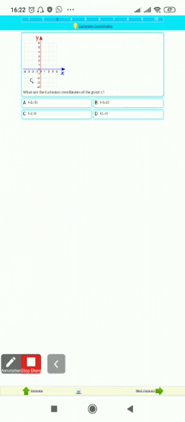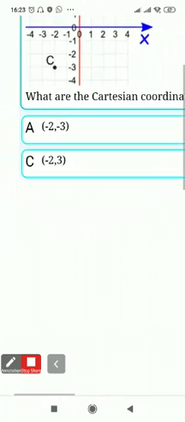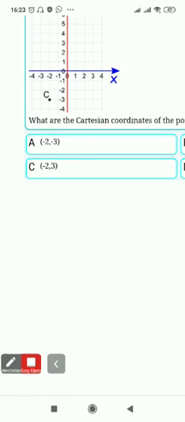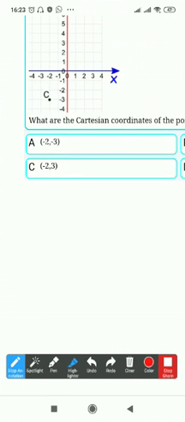Now let's locate point C over here. For point C, we need to see that it is lying in the third quadrant, and in the third quadrant both of the values are negative. X is negative, y is also negative. So starting from 0, we are going to count first -1, -2.